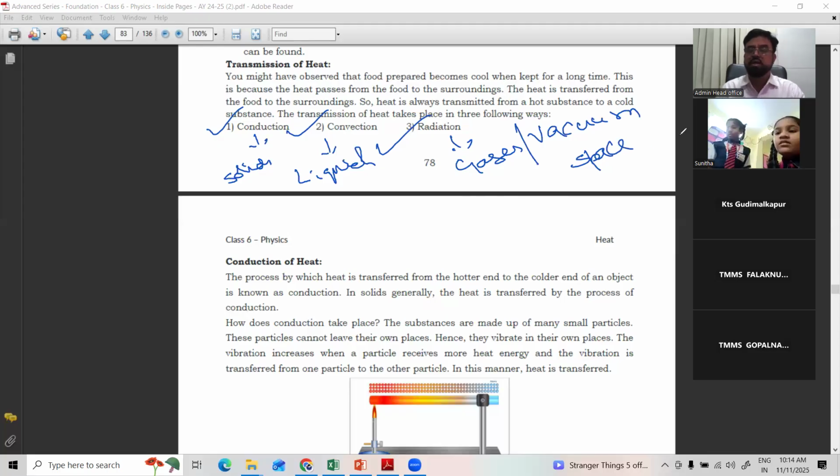So heat can transmit or heat can transfer from one end to another end by these three modes, these three methods in different states of matter.